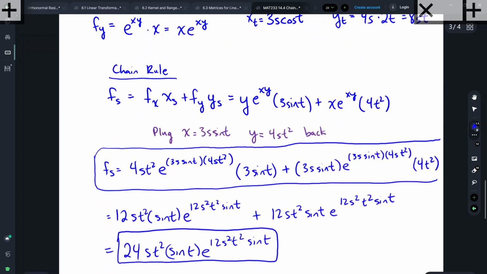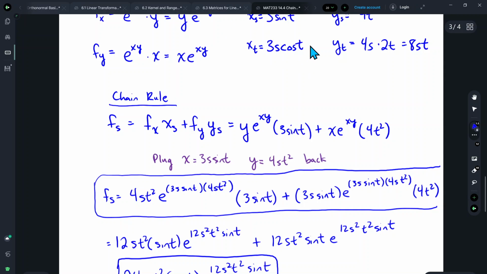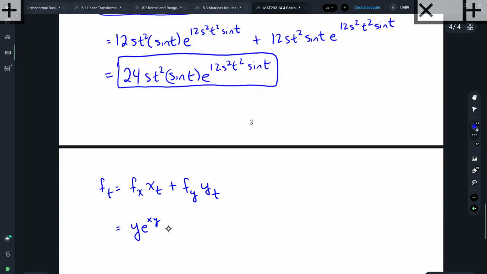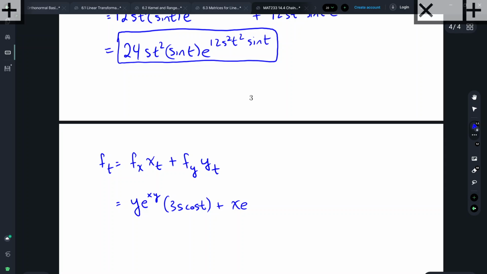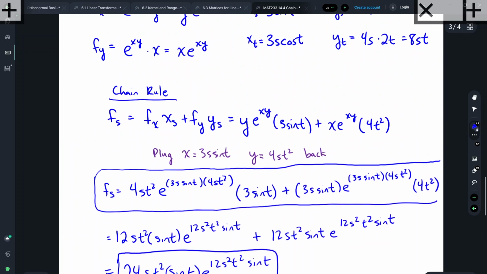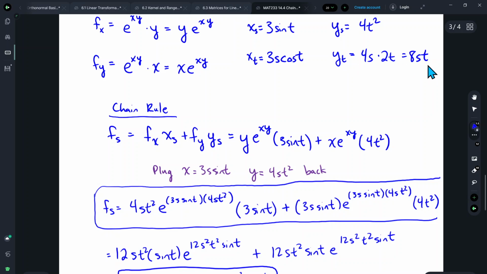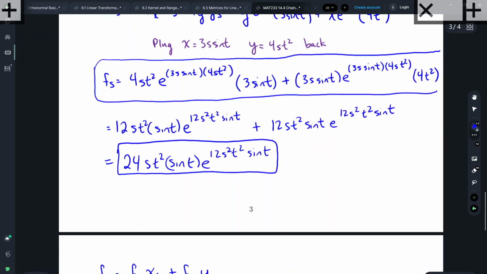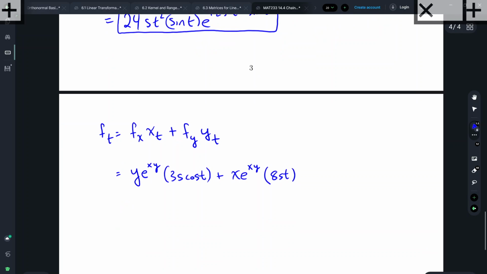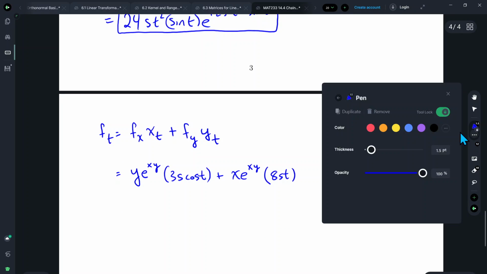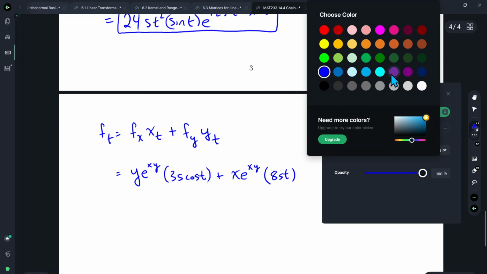X sub t was 3s cosine t, and plus f sub y was x e to the xy, and then y sub t was over here, 8st, and then again I have to plug x and y back in.